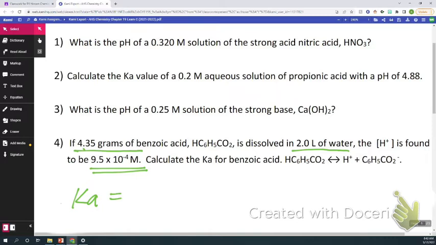Again, it breaks down to this over and over, right? This whole test just broke down to Ka equals x squared over something. They gave us the x, which is good, but they don't give us the original molarity. So, do you know what to do or no?